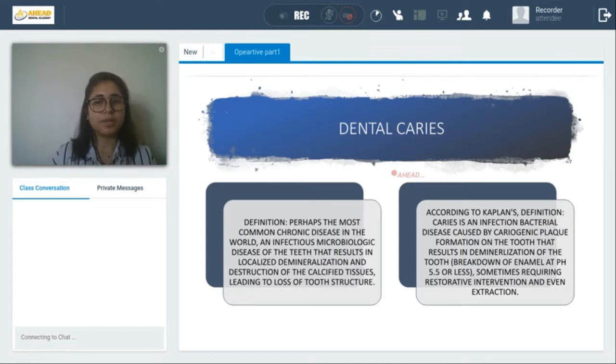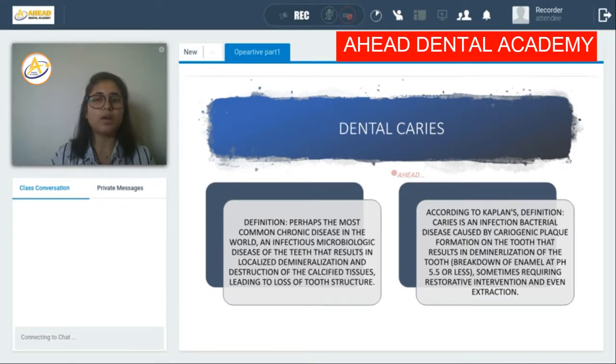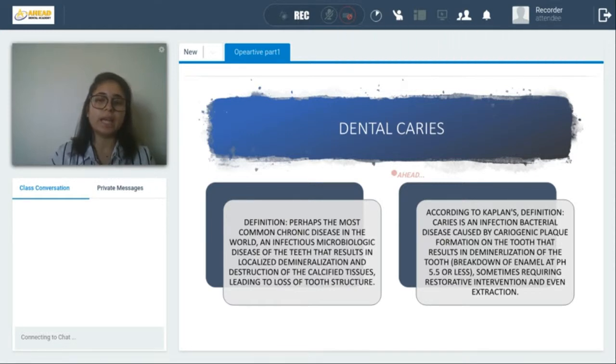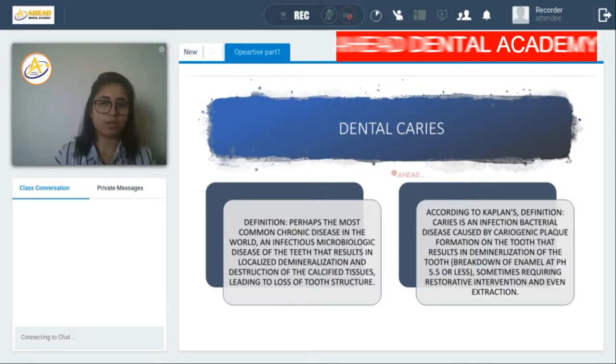The plaque formed on the tooth has cariogenic organisms, which results in the breakdown of enamel at pH 5.5 or less, which is an acidic pH. Eventually, this leads us to provide restorative intervention or even extraction if the prognosis is worst.